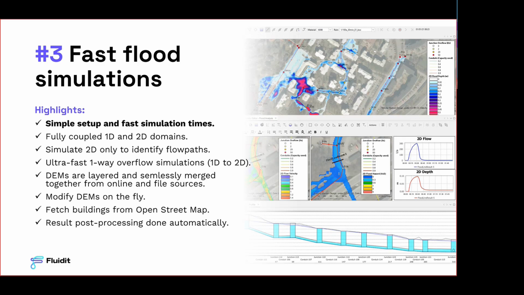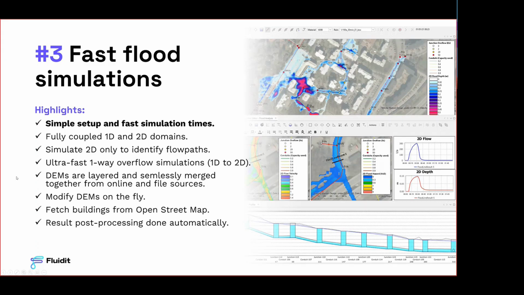Important for flood simulations that all the DEMs, the ground elevation models, are layered and seamlessly merged together. So you can bring in from various sources, from online sources, from file sources, and they will be beautifully merged together to formulate your ultimate ground elevation model for simulations. So you don't have to make that by hand in other software. And as I noted, you can also modify the DEMs on the fly.